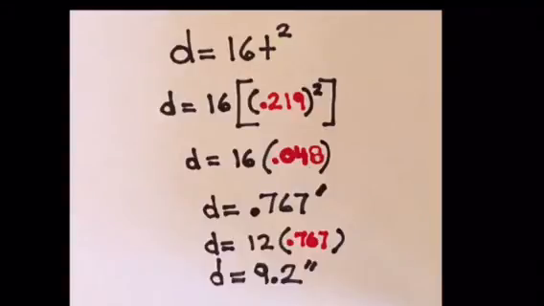Well, let's convert that to inches by multiplying it by 12. We have 0.767 foot. That's 767 one-thousandths of a foot. So we multiply that by 12 for 12 inches, and we find out that that bullet's going to drop 9.2 inches during its 200 yards of flight.